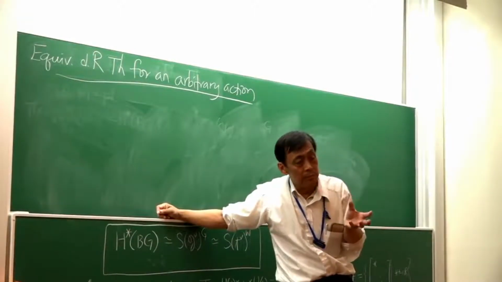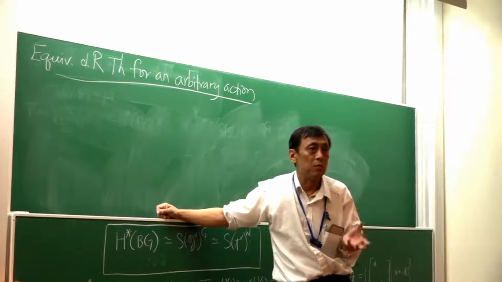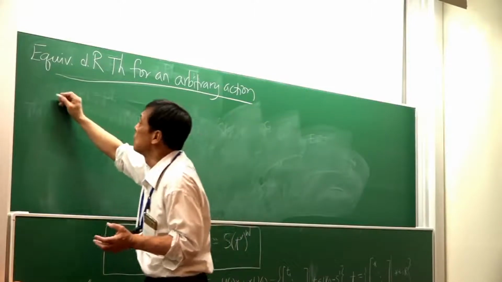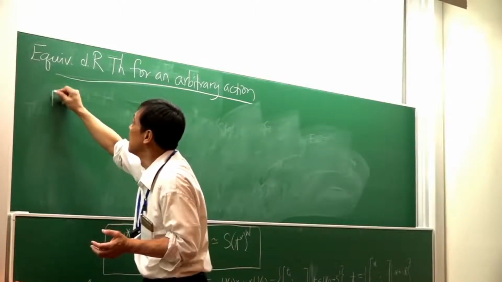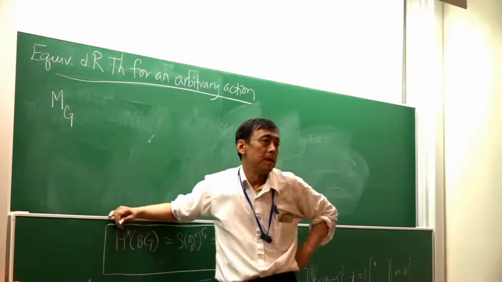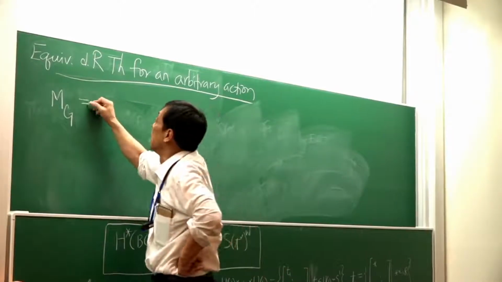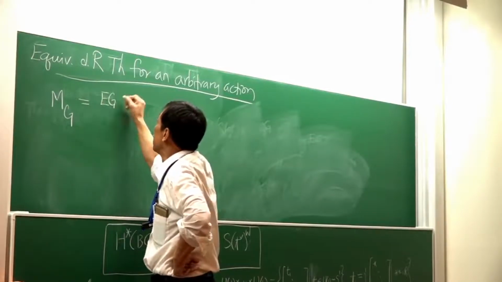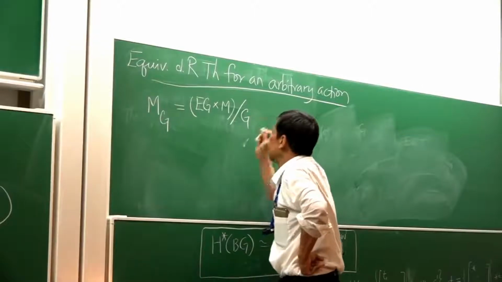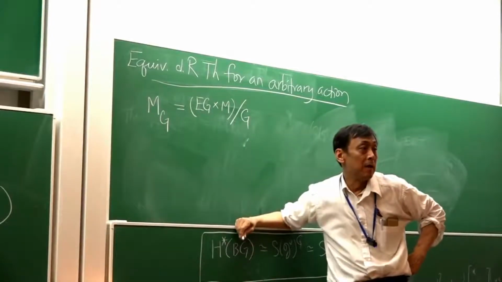Again, we want to compute the cohomology of the homotopy quotient, but when you have an arbitrary action. The homotopy quotient is, e.g., EG cross M divided by the diagonal action.